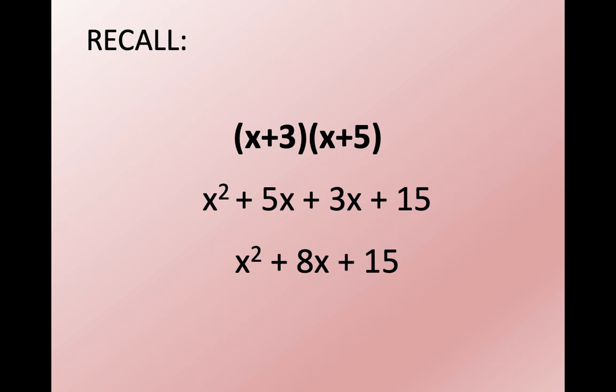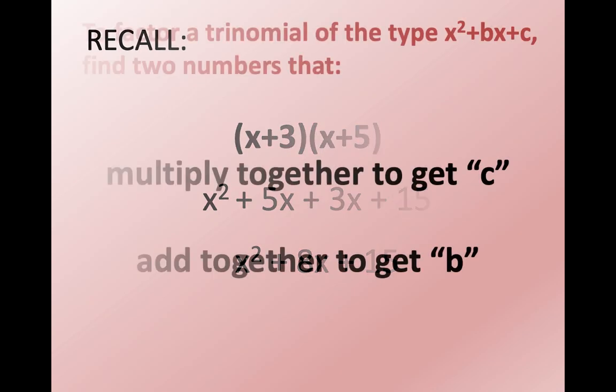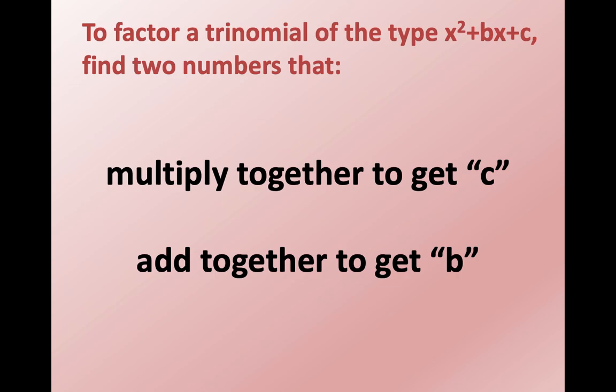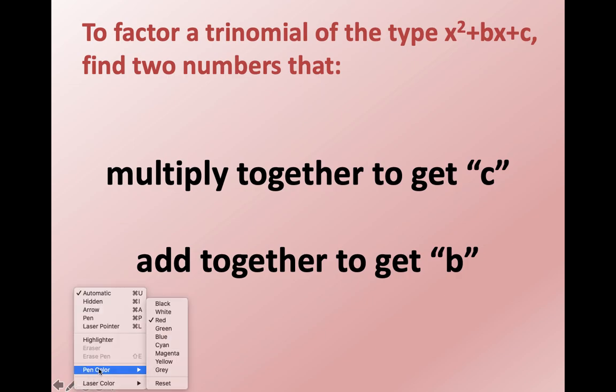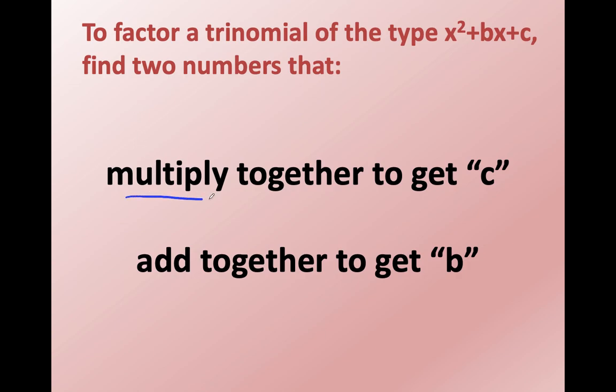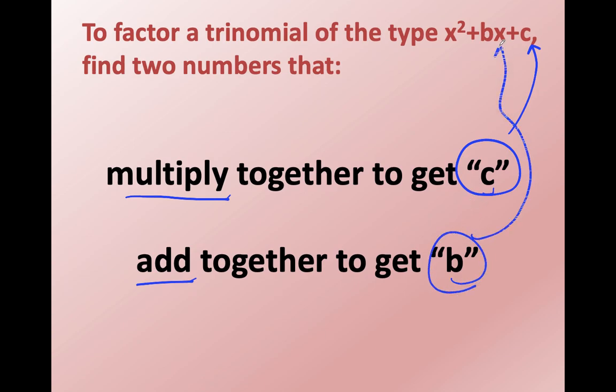In order to determine what the two binomial factors are that produce the final trinomial, you want to ask yourself these two questions. You need to find two numbers that both multiply together to give you the c value, that's the last term in the trinomial, but add together to give you the b value, which is the coefficient of the x term in the middle of the trinomial.